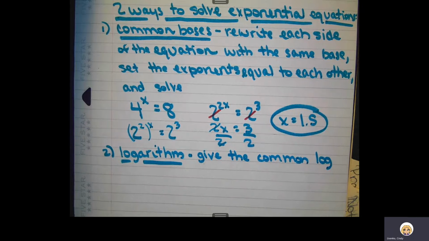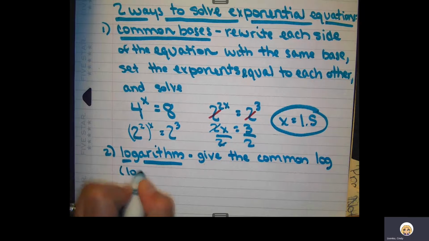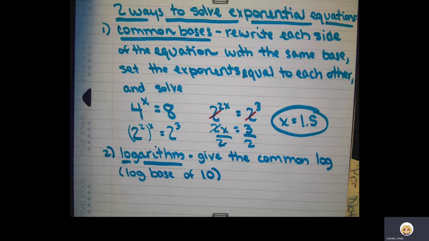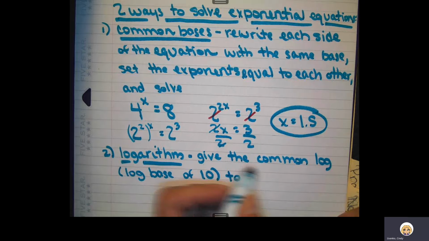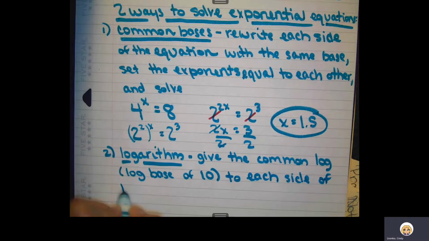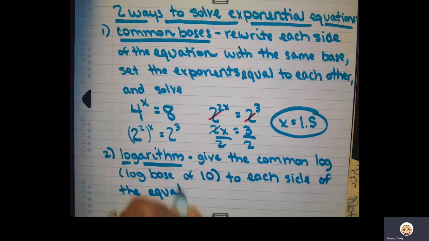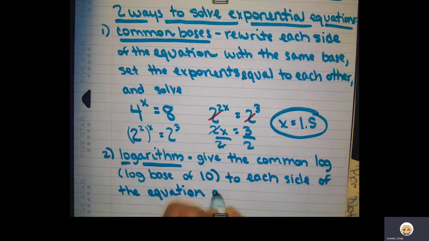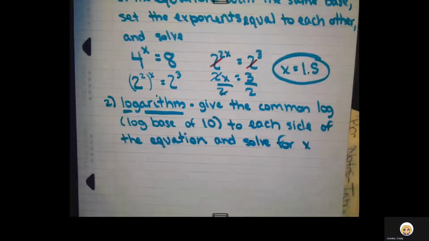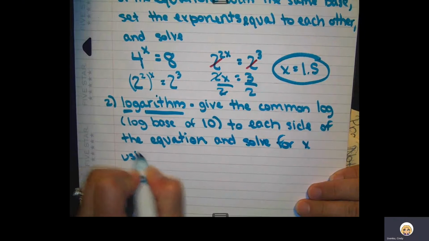And common log means a log base 10, so I'll put in parentheses log base 10. We're going to give the common log to each side of the equation and solve for x using the law.